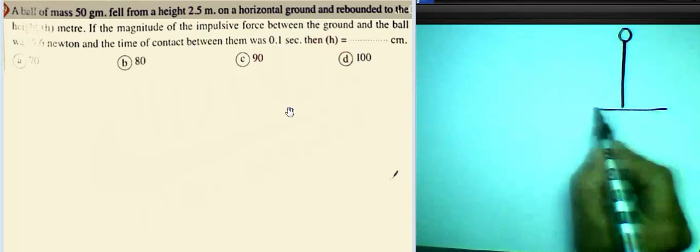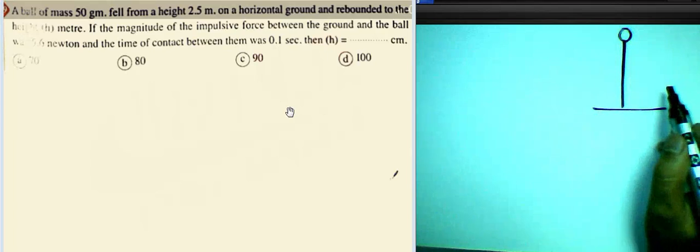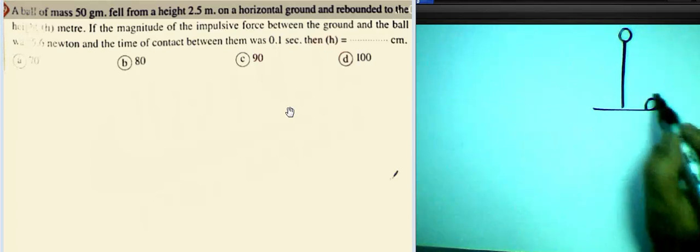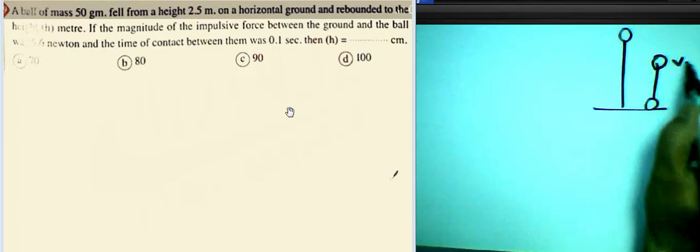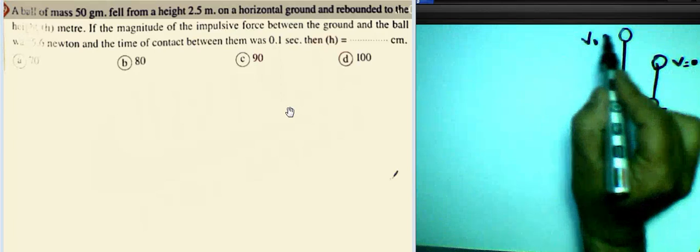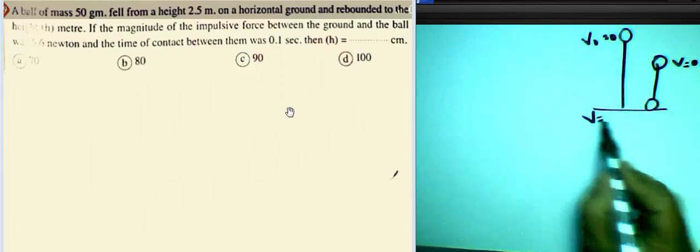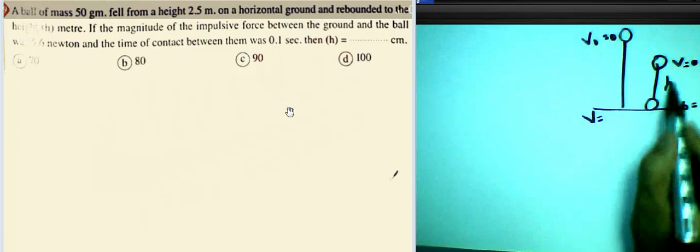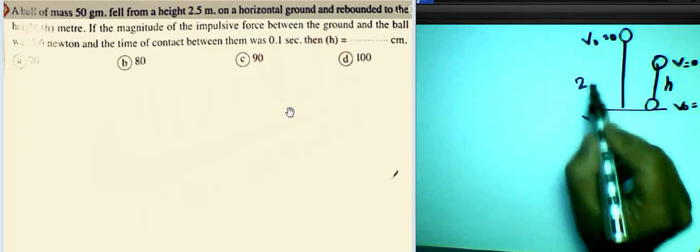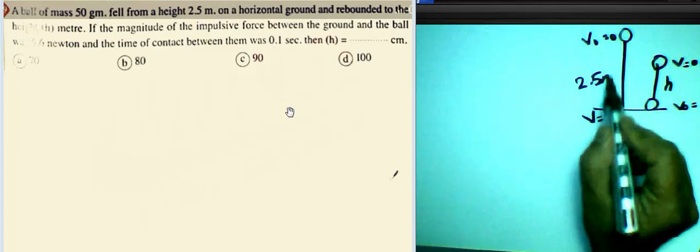This ball rebounded by a new velocity here and stops here. V here will equal 0 and we have V naught here equal 0. We can find the velocity here and V naught here, and it gives us the height 2.5 meters.